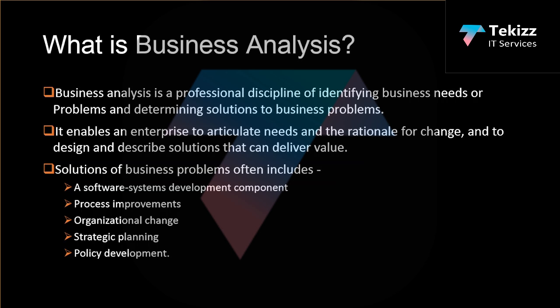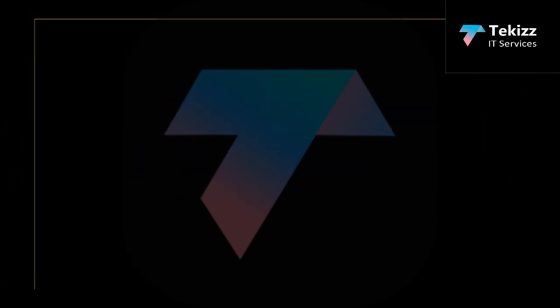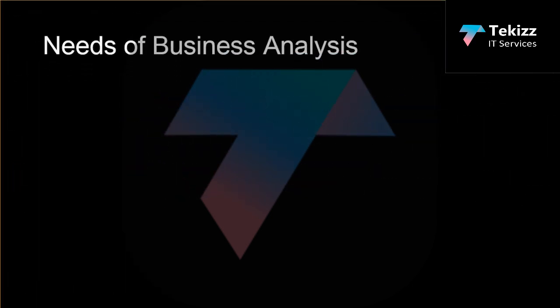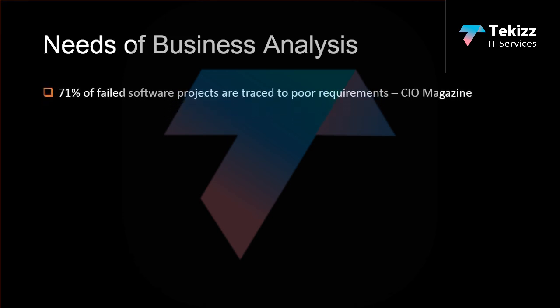Now, after understanding what business analysis is, we have to understand the need for business analysis. What will be the need of business analysis? It's a general fact that 71% of the failed software projects are traced to poor requirements. This has been published by CIO magazine.